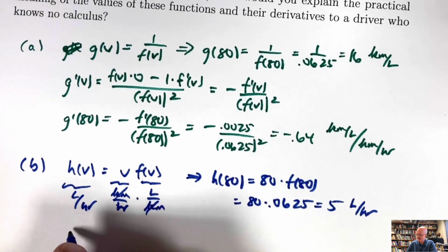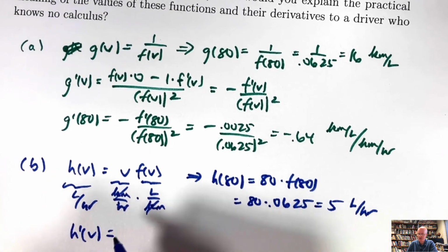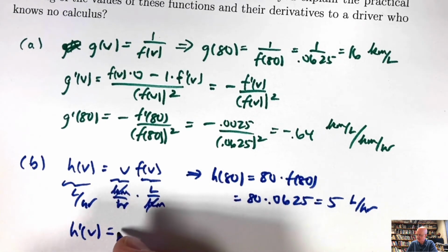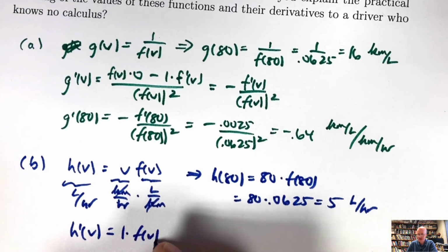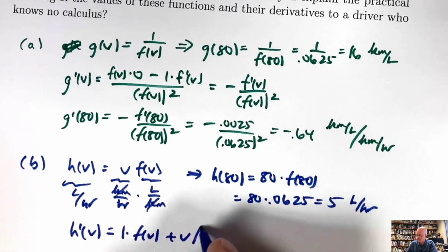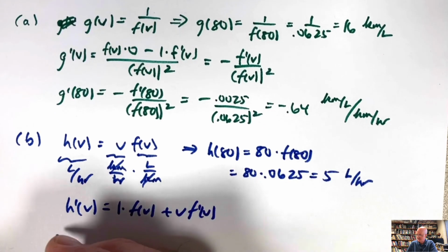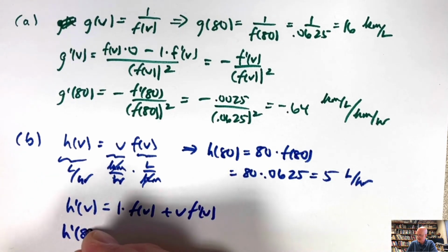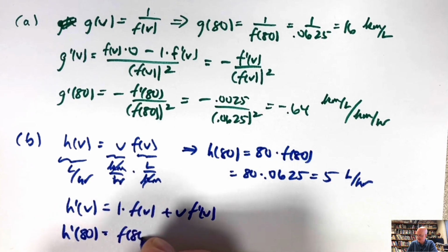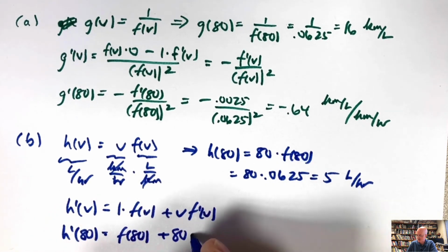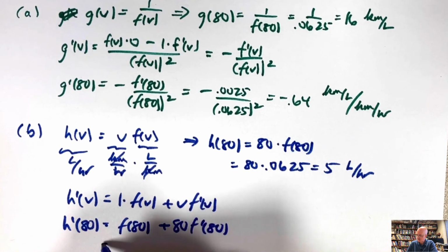How about the derivative? Use the product rule. The derivative of V is 1 times the second function plus the first function times the derivative of the second. Plug in 80, you get F of 80 plus 80 times F prime of 80. F of 80 was 0.0625.